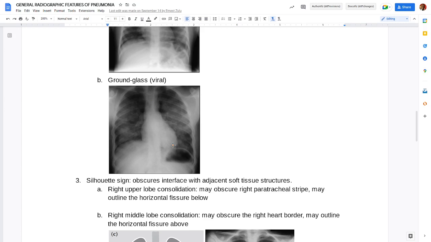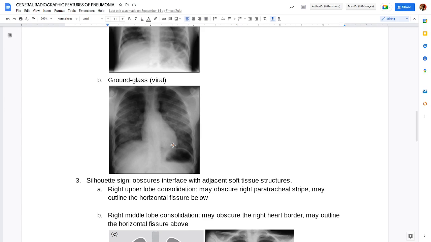Well, this can be any virus, but typically COVID-19 confines itself to the periphery of the lungs, closer to the ribs, on the lateral sides. But there I was just trying to demonstrate what ground glass appearance looks like.